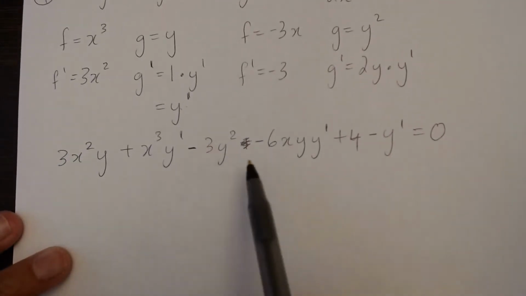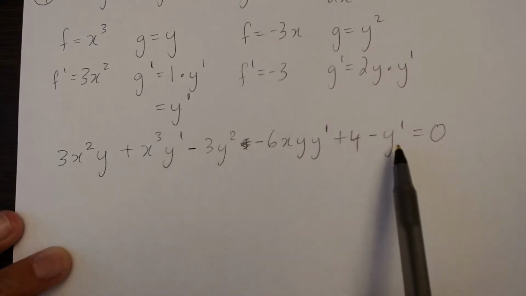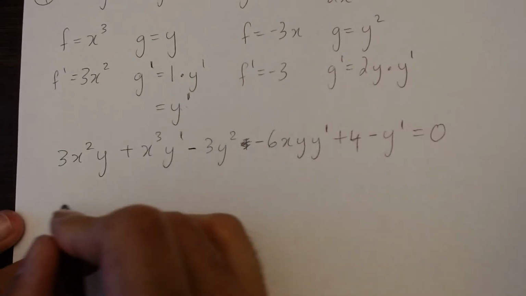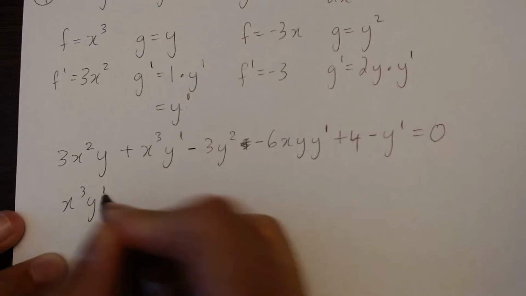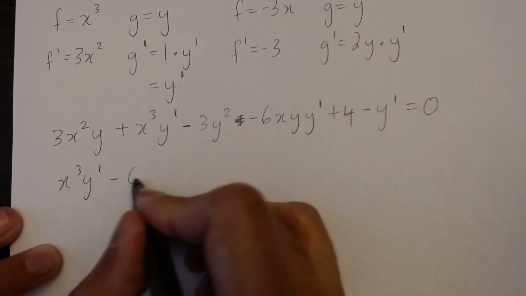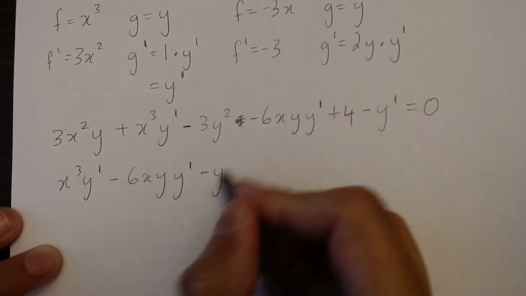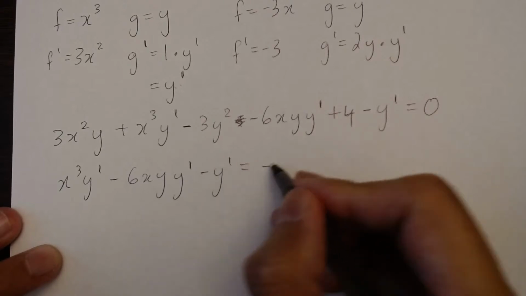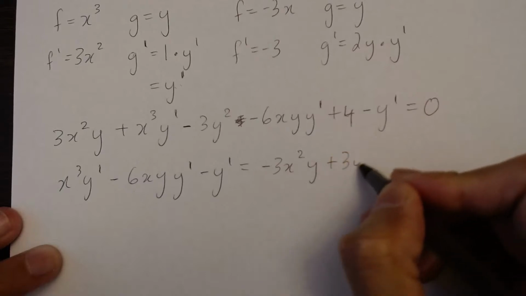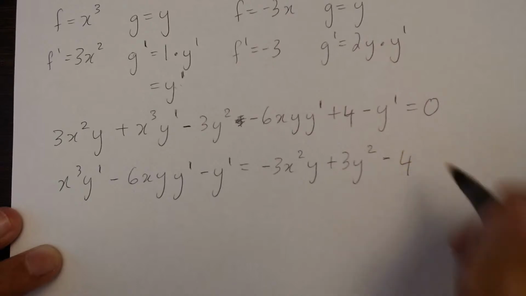So now I can isolate my y prime terms. So I'm going to move everything else to the other side and keep my y prime terms on this side. So I have x cubed y prime minus 6xy y prime minus y prime equals negative 3x squared y plus 3y squared minus 4.